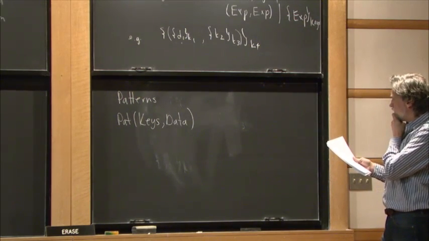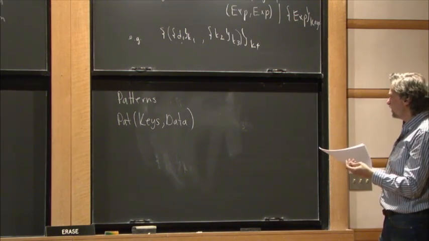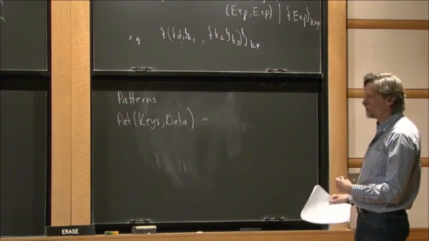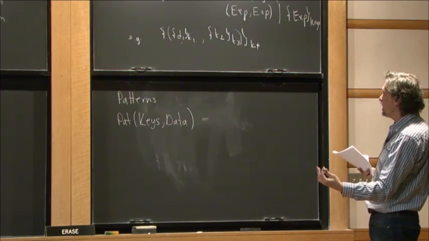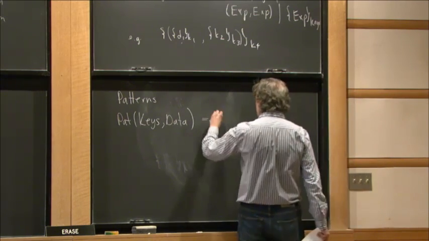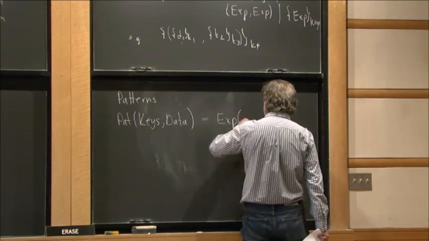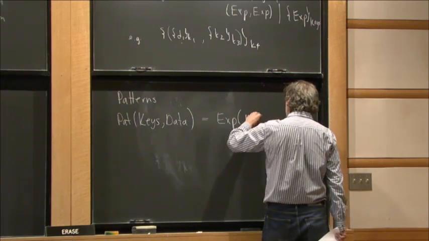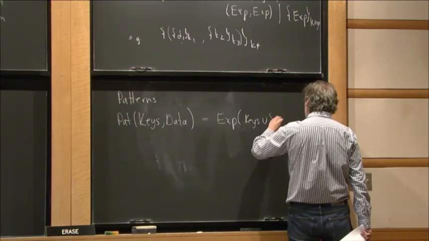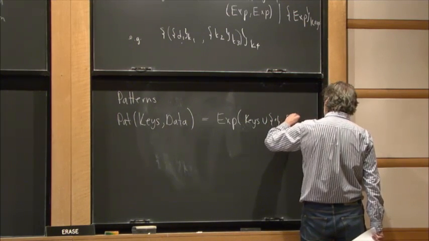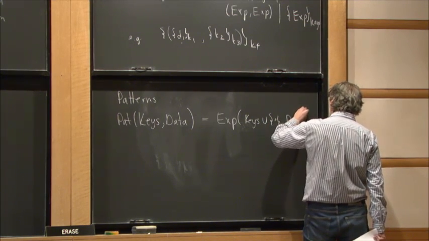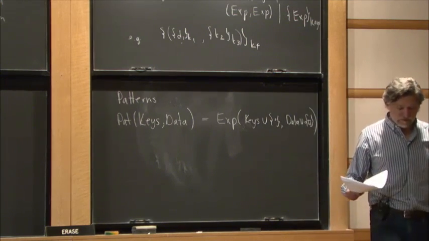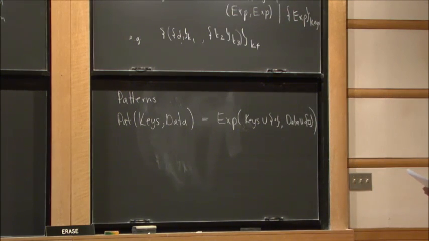So we also have this idea of patterns, and patterns are just the set of expressions we get when we slightly expand the set of keys and the set of data. So we're going to introduce two new symbols, a little circle and a little box.